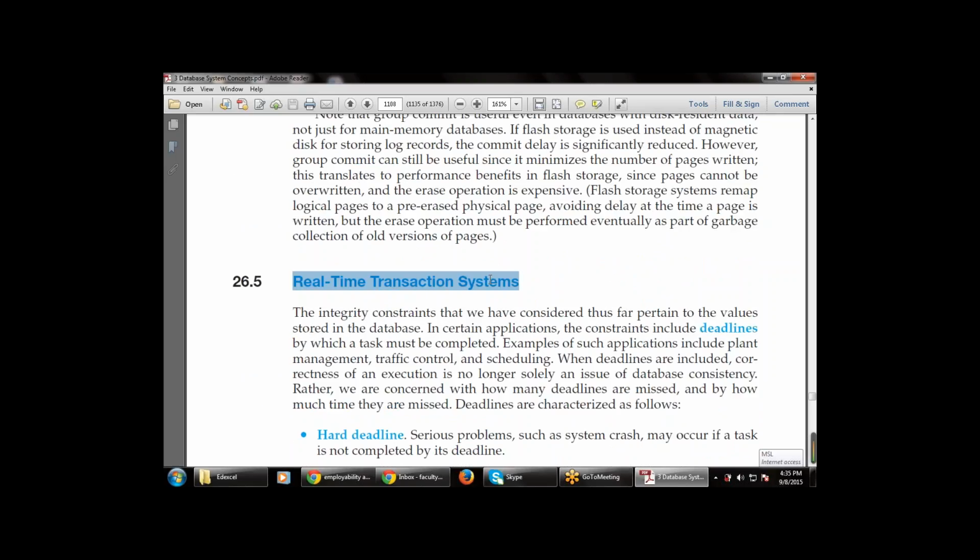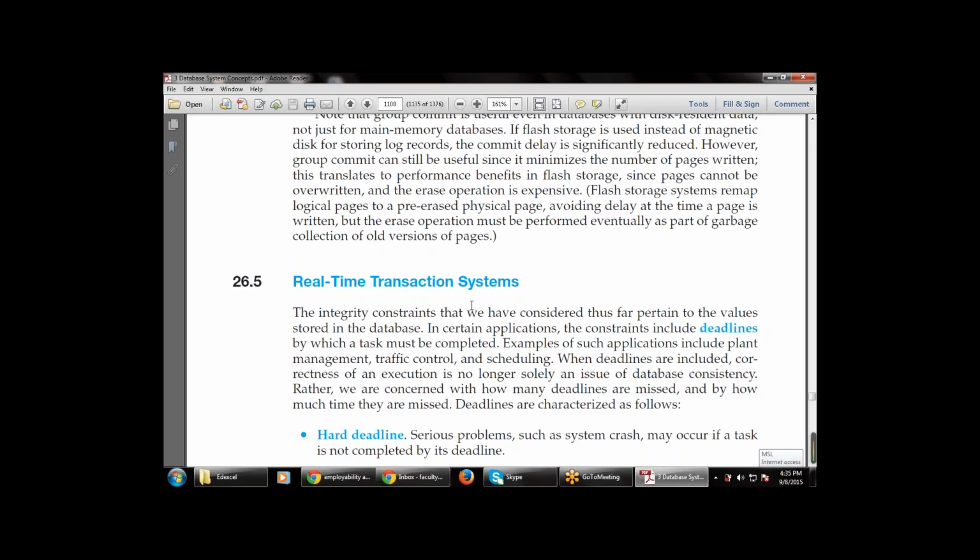Next we discuss the real-time transaction system, in which time plays an important role. It is a system in which deadlines are constrained, including a deadline by which a task must be completed. The integrity constraints that we have considered so far pertain to the values stored in the database.